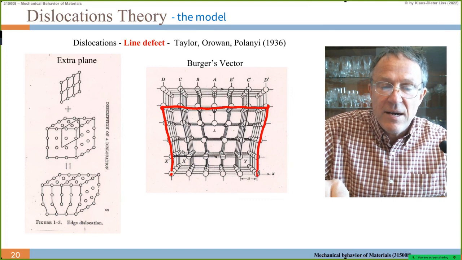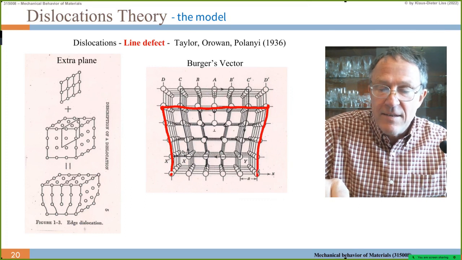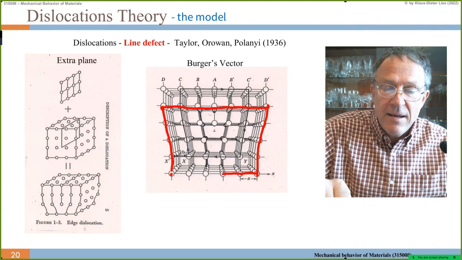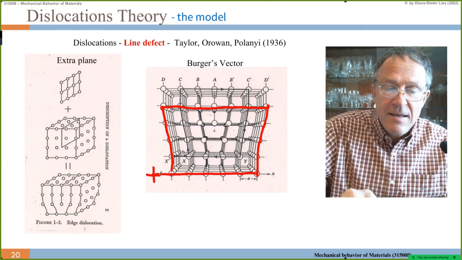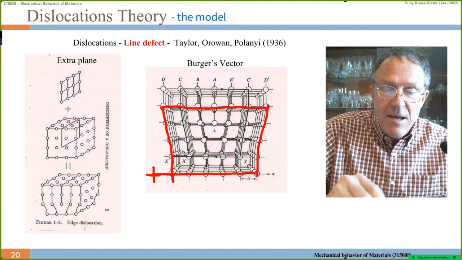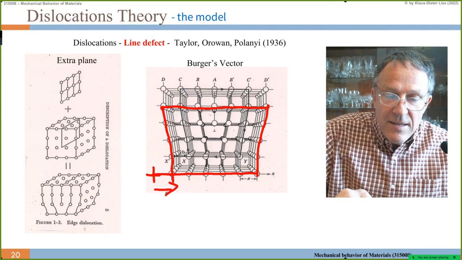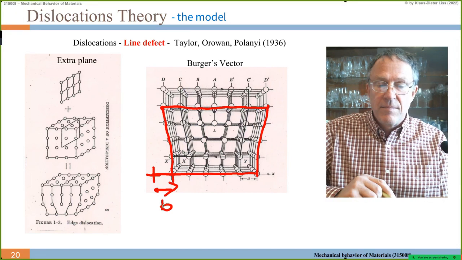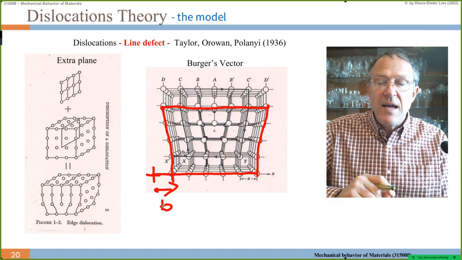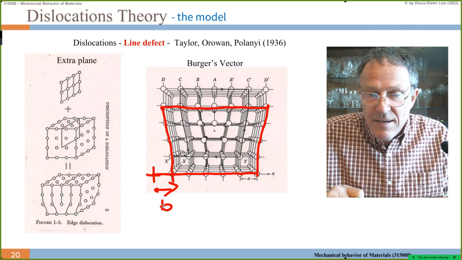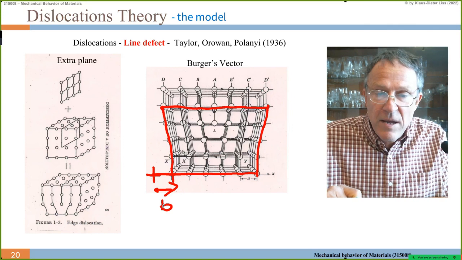And I went 6 over, so I need to go 6 back. 1, 2, 3, 4, 5, 6. End up here. Means somewhere in that red loop is a dislocation, and this is the Burgers vector B. Okay, I guess that's relatively easy to understand, and you may have seen that somewhere else before.